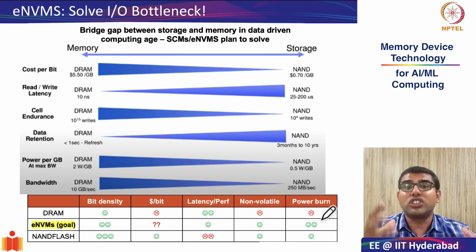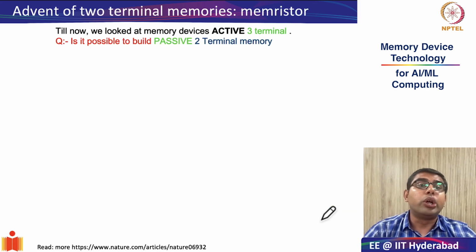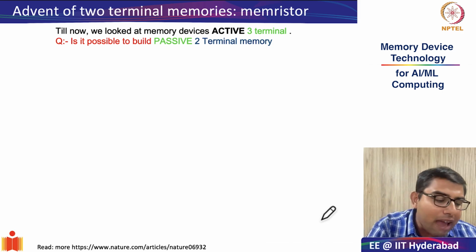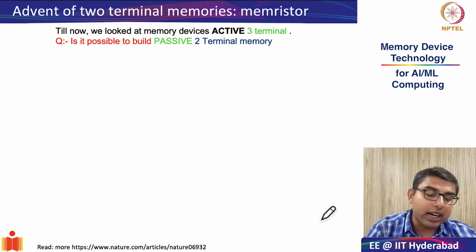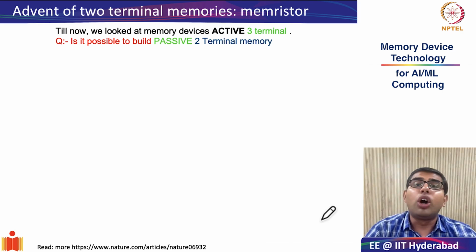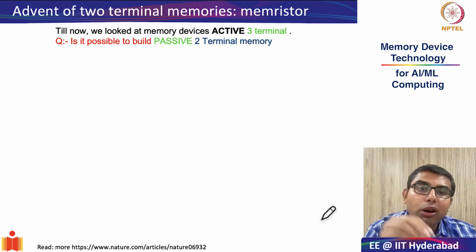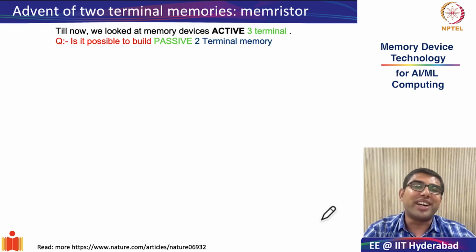And this is a very good introduction to now move past active three-terminal devices. Remember, everything including your SRAM, your DRAM and NAND flash involved active three-terminal transistors as an integral part of the memory or storage device.